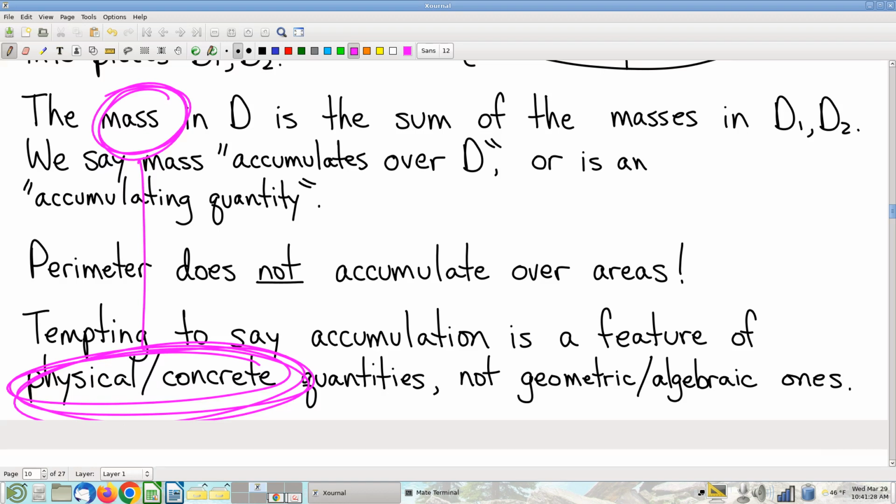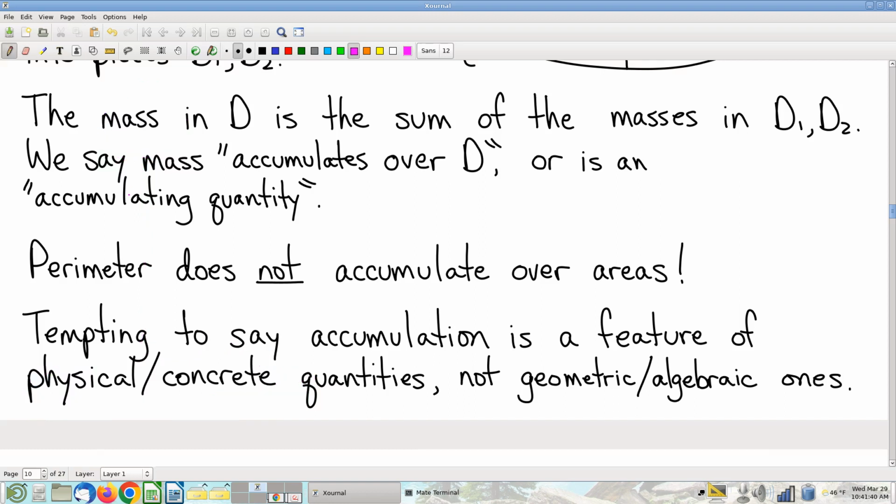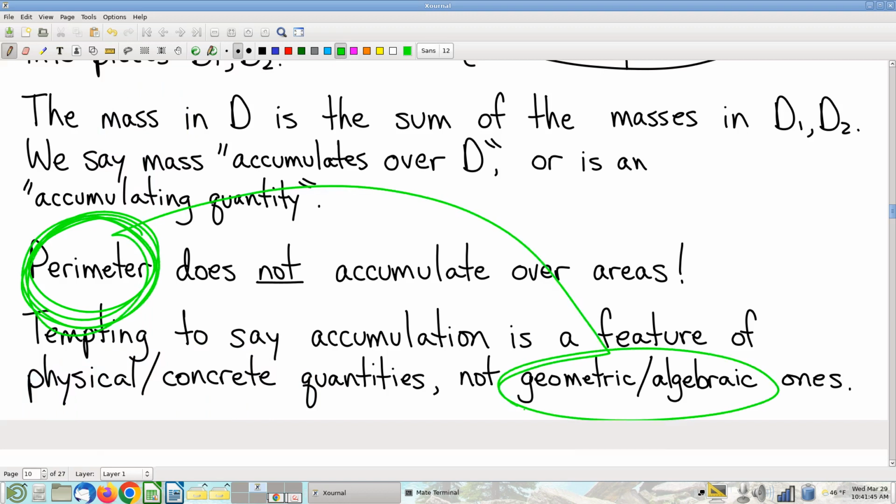So the physical universe, reality of the physical world, you might be tempted to say, is what makes mass an accumulating quantity. There's a point of view there. Sure, that's fine. And it's tempting to say that perimeter is not an accumulating quantity because it's made up nonsense, that it's just not physical. And if you're not talking about physical things, you can make up whatever kind of nonsense that you want to, and why would you expect them to behave like physical quantities? Again, point of view.